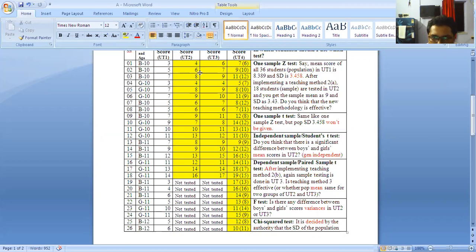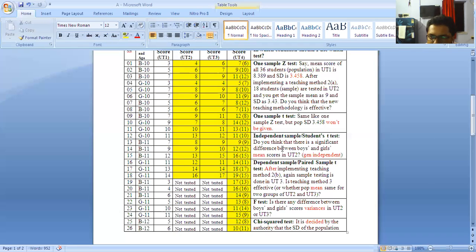For boys you will get a mean, and for girls you will get a mean. But the difference that you are getting from the sample, whether that difference is also applicable for the population, that you would like to test.